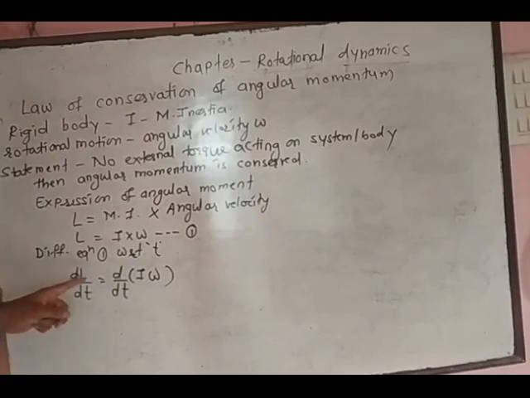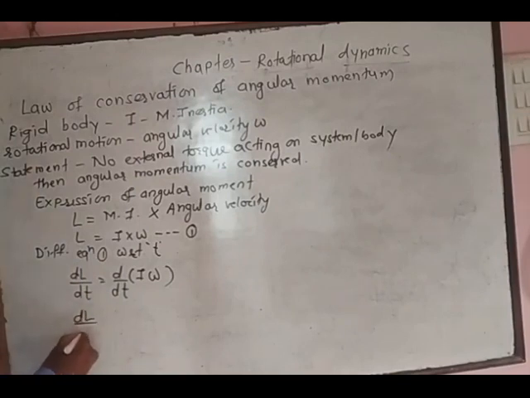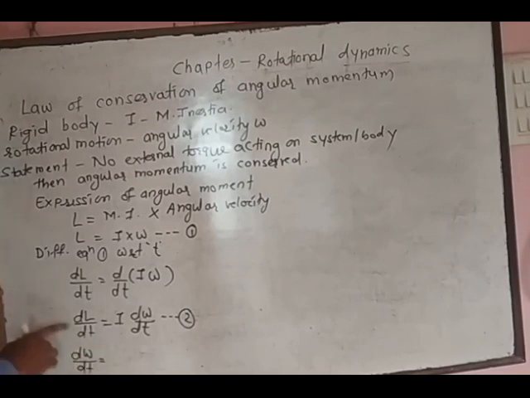I is the moment of inertia of the body. This term is constant. Therefore dL upon dt is equal to constant into d omega upon dt. In this way we get equation number 2. Now d omega upon dt is the rate of change of angular velocity with respect to time.